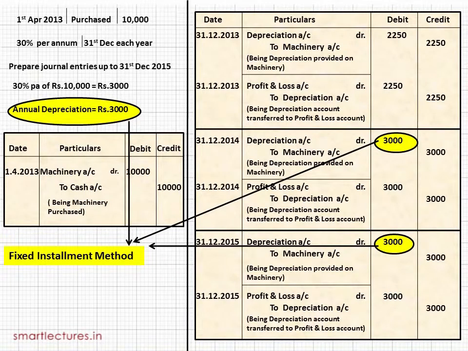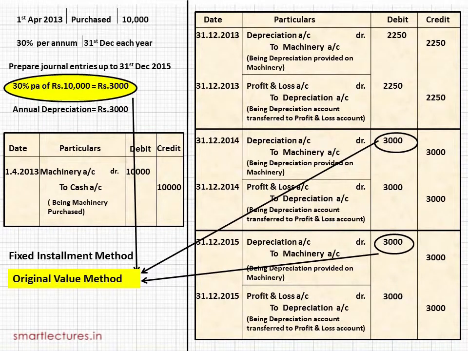If the depreciation amount is the same in every coming year, that method is called the fixed installment method, because every time the amount is fixed. Or sometimes it is called the original value method.